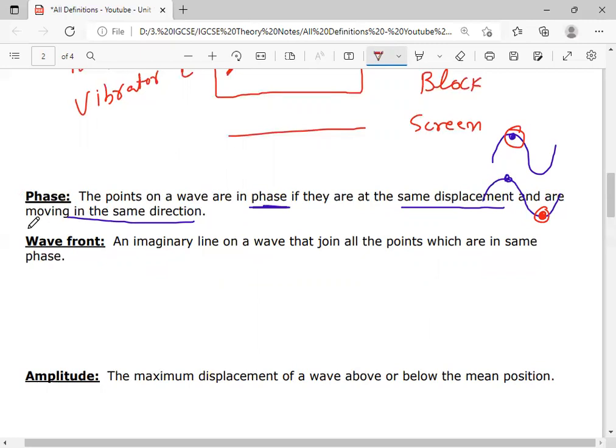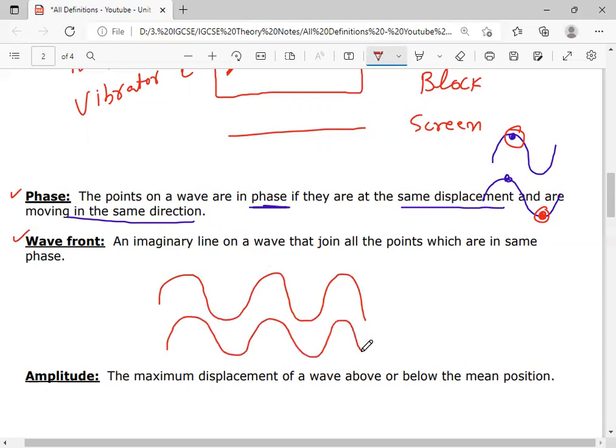Then here comes the definition of wavefront, a very common and very famous definition asked in the examination regarding waves. So what is wavefront? Let's suppose I draw wave number 1 like this, and then wave number 2 like this.